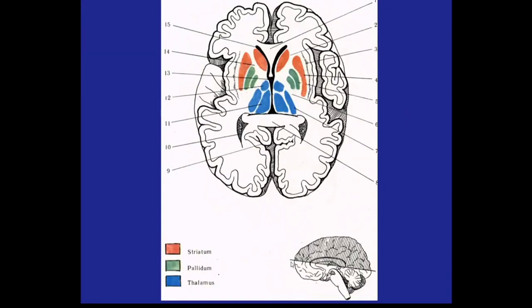This is the line of cut, and then we turn the picture, and now we can see the subcortical area, blue color. This is thalamus, only for coordination, somatosensory center, and striatum and pallidum structures. What are they?